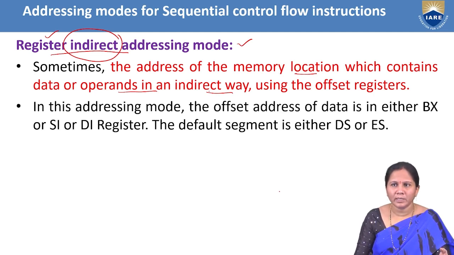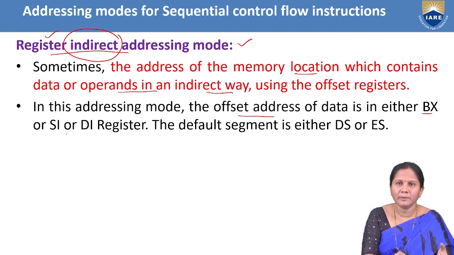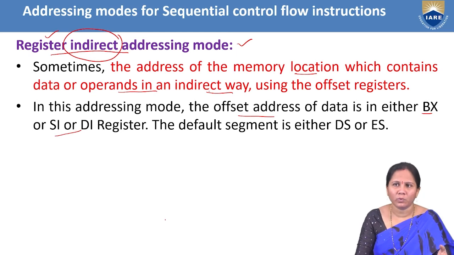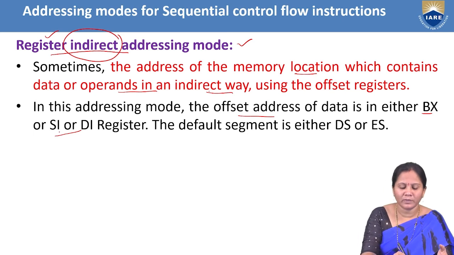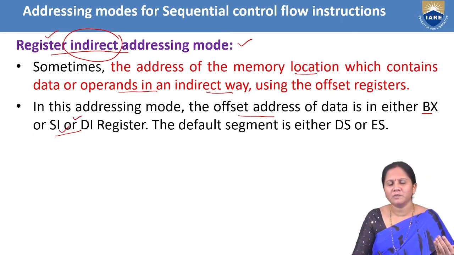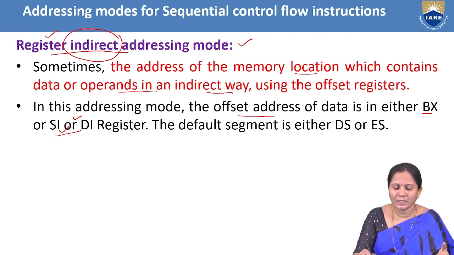In this addressing mode, we can specify the offset address, but you have to include it only in registers like the BX register, SI or DI registers. We know the offset address can come from pointer registers, index registers or base registers, but in the register indirect addressing mode, we can consider the offset address only from the base register or the index registers SI or DI.